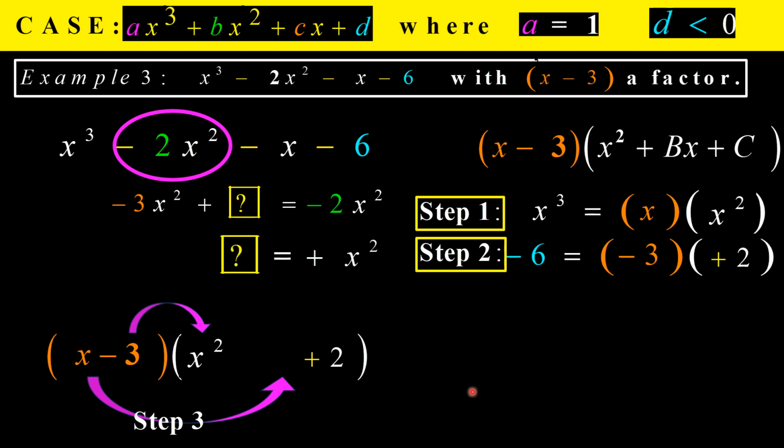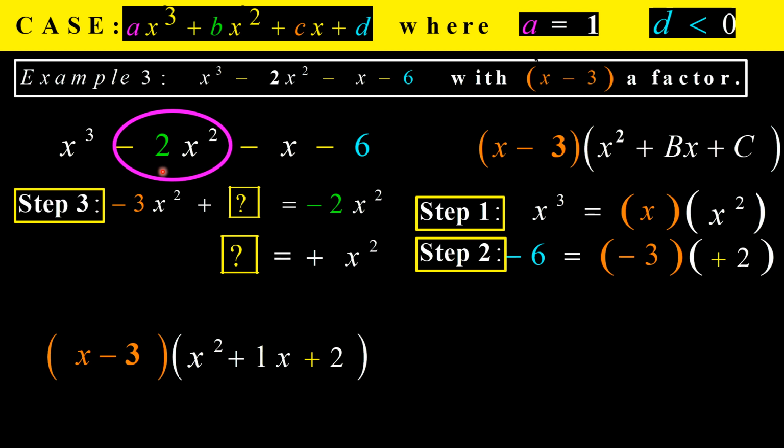Negative 3 plus 1. So I've got a 1x squared there, right? But I write down 1x. Why not squared? Because x times x will give me the x squared term. So a negative 3 plus a 1 will give me the negative 2 that I want. But I don't have to write down the 1. I can write it down just as x squared plus x plus 2.